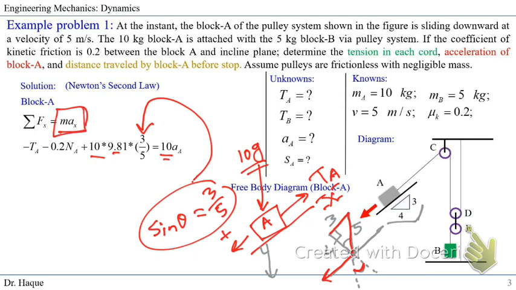So mass is 10 kilogram, that's what we have here, and our acceleration, we assume this is in this direction, so we put a positive acceleration a. We'll figure out whether it was in this direction or the opposite direction, but we assume acceleration a, positive.